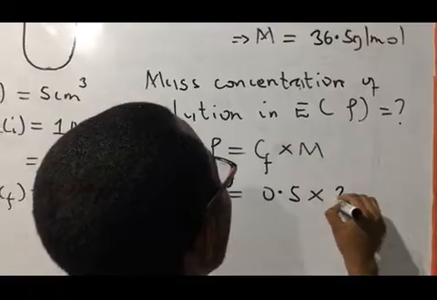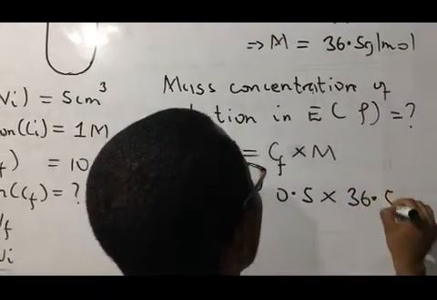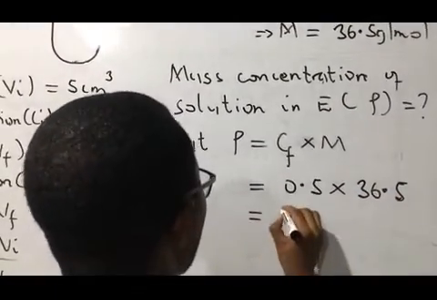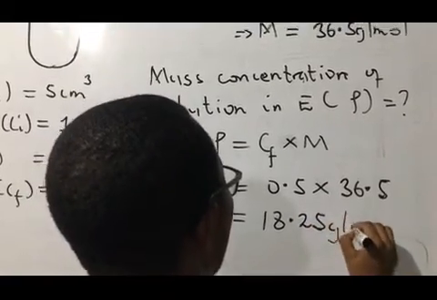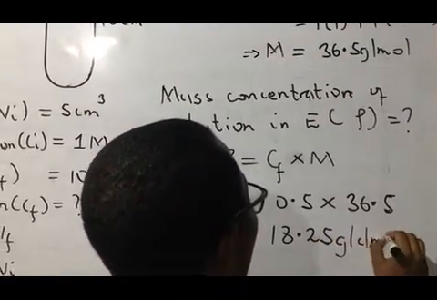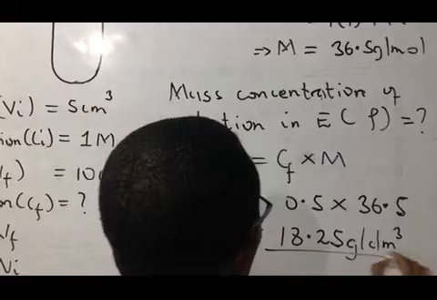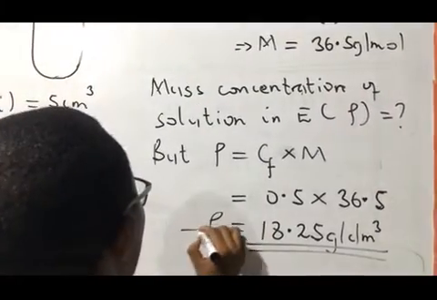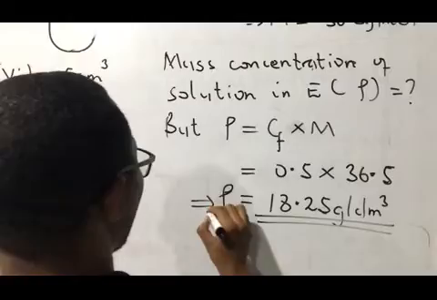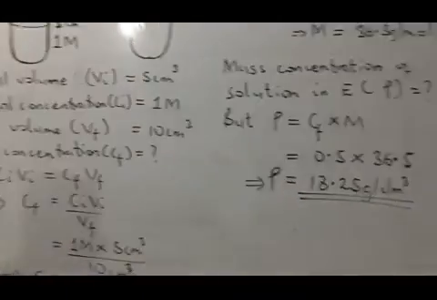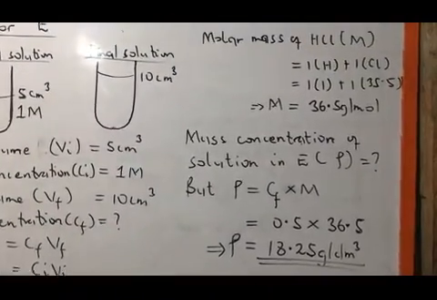The molar mass is 36.5. Multiplying, that will give you 18.25 gram per dm cube. So that's the mass concentration in the E. Mass concentration in the E.